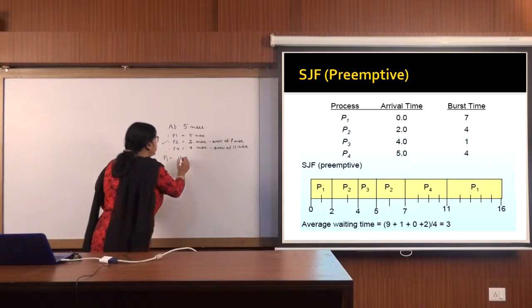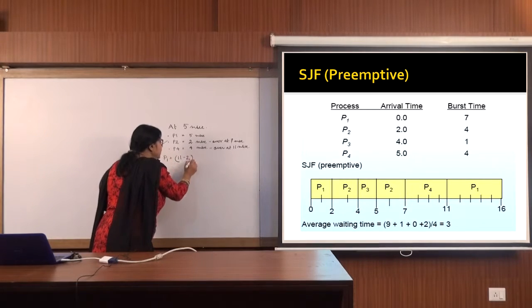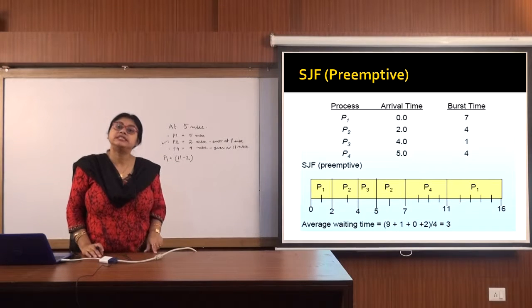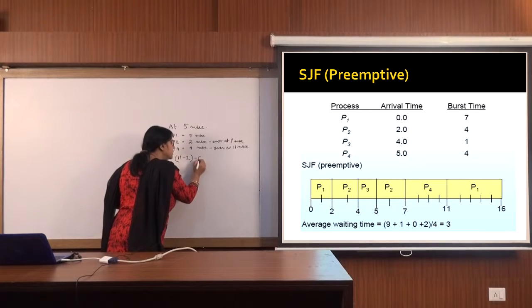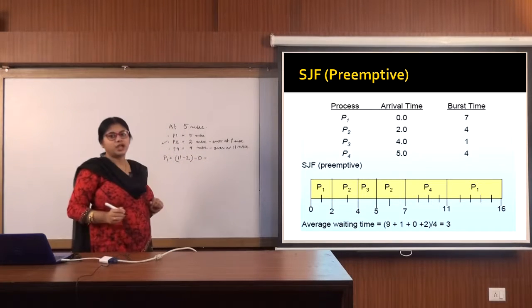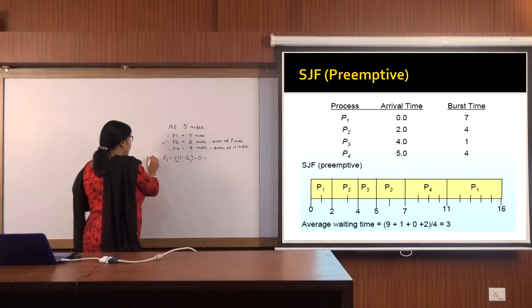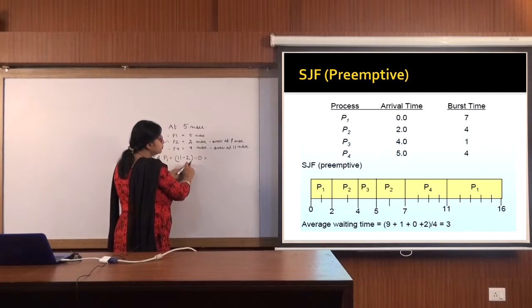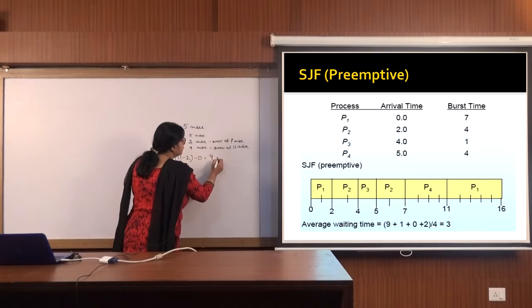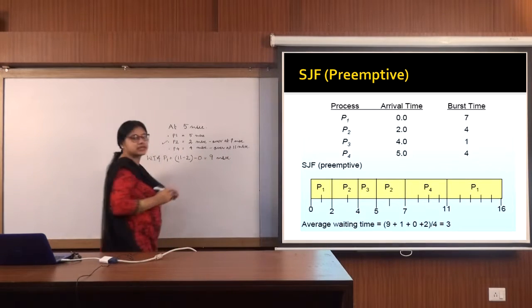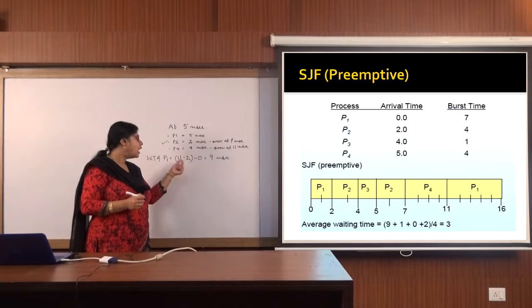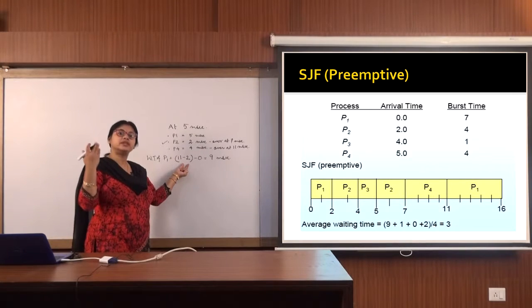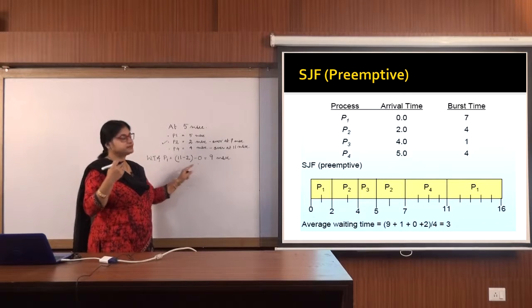So I have to deduct 2 from 11, and it arrived at 0 millisecond time period, so I have to deduct the arrival time. So my waiting time of P1 is 11 minus 2 minus 0, that is equal to 9 millisecond. When it last started, how much it worked in the previous, and when it arrives.